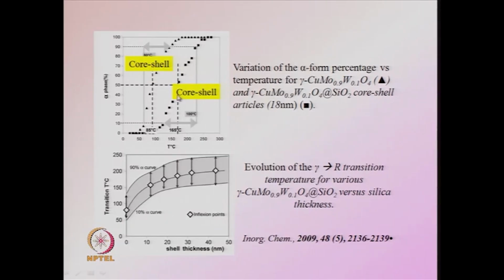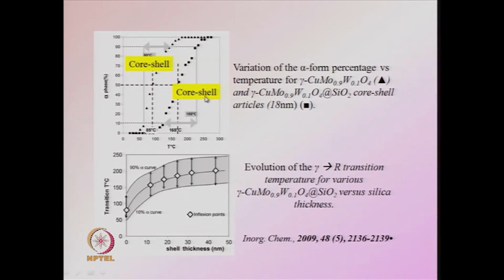This is a mistake here, this is core, and this core particle changes into alpha form as you increase temperature. So, it goes over to the alpha form and becomes 100% alpha when you are at around 175 degrees.